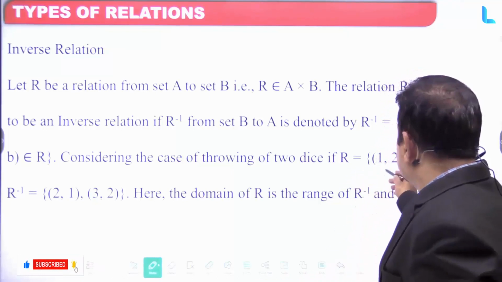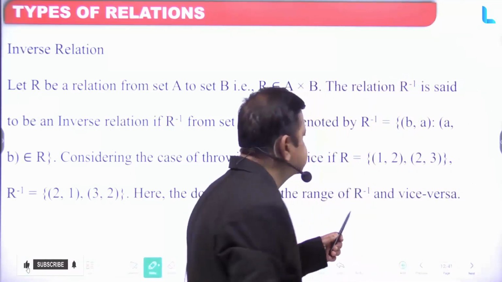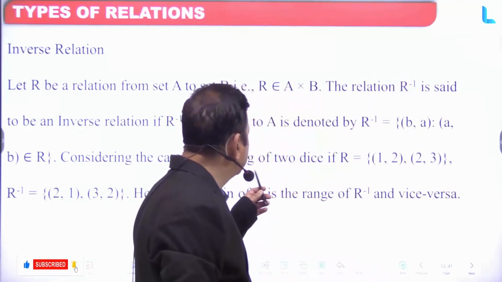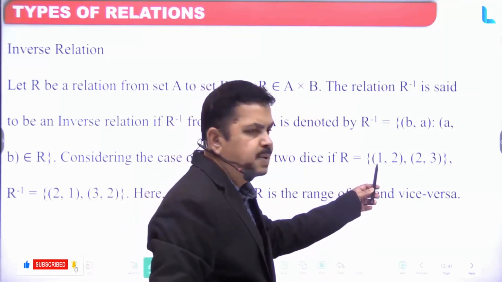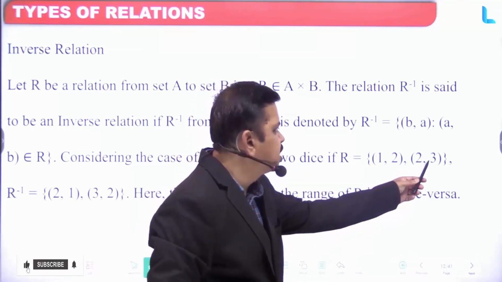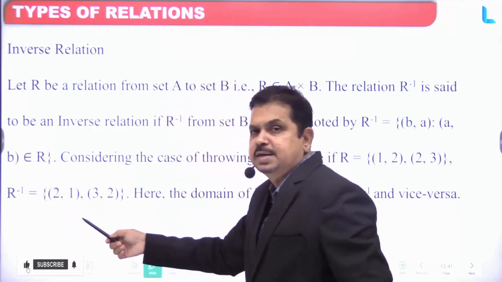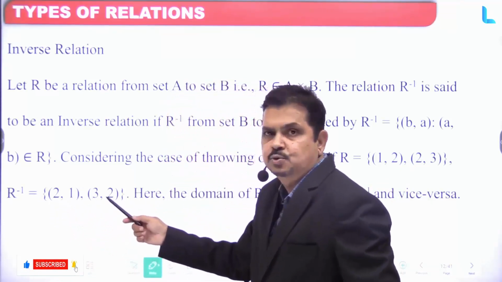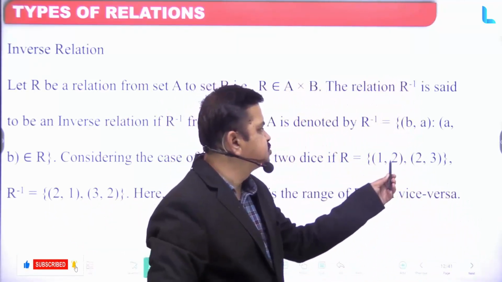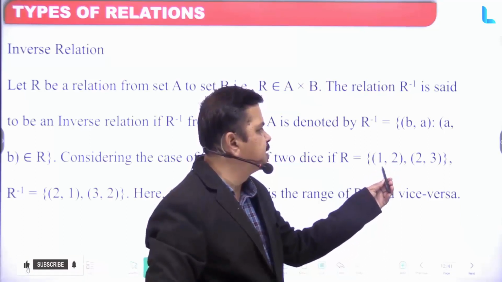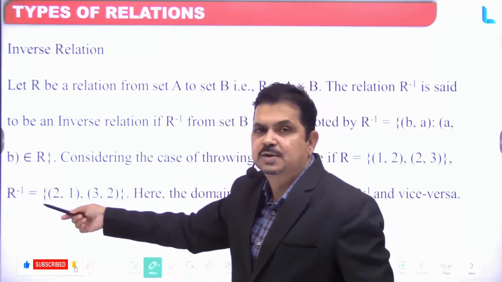Now if R is a set containing the ordered pairs (1, 2) and (2, 3), then R inverse can be written as the set containing (2, 1) and (3, 2). Instead of writing (1, 2) we write (2, 1), and (2, 3) we write as (3, 2). That is nothing but the inverse of a relation.